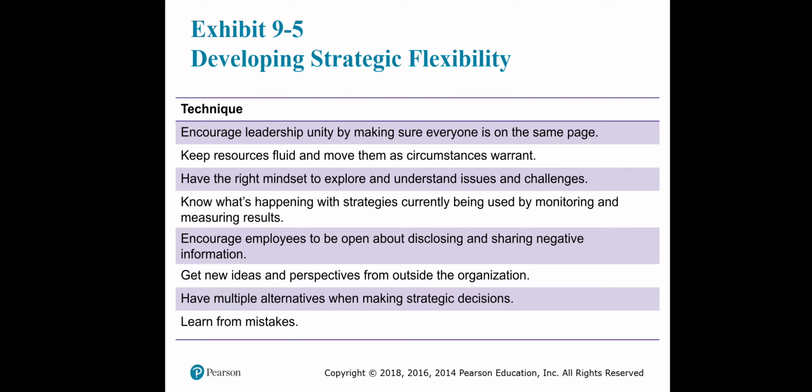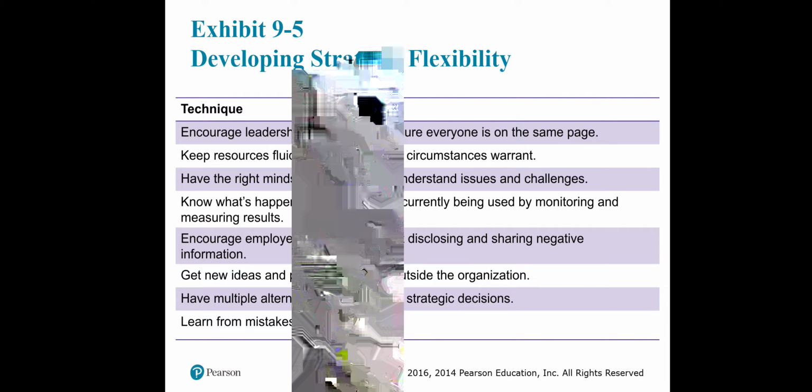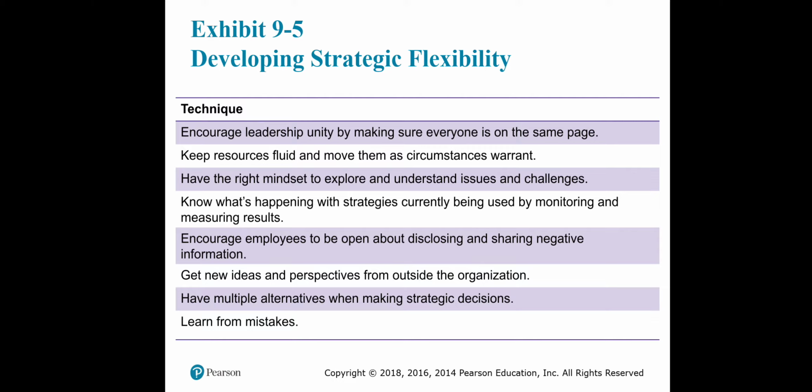Some of the techniques include encouraging leadership by making sure everyone is on the same page, keeping resources fluid and moving them as circumstances warrant, having the right mindset to explore and understand issues and challenges, knowing what's happening with strategies currently being used by monitoring and measuring results, and encouraging employees to be open about disclosing and sharing negative information.